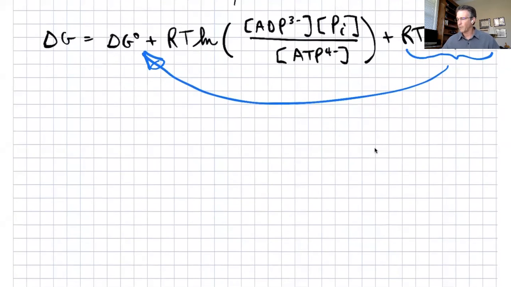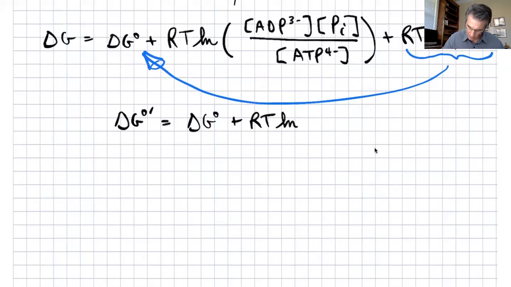Doing so, I can define a new standard state free energy that looks like this, where delta G naught prime is simply equal to delta G naught under normal standard state conditions, 1 molar and everything else, plus RT log 10 to the minus 7th over 1, or just 10 to the minus 7th. And I now have a new definition for my standard state free energy.